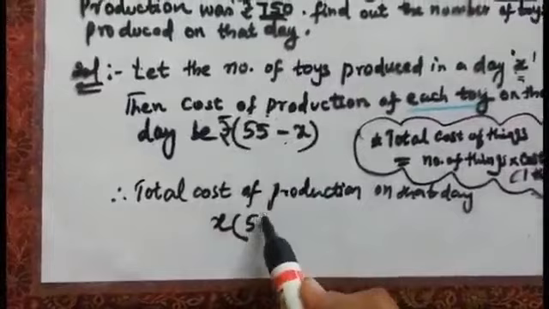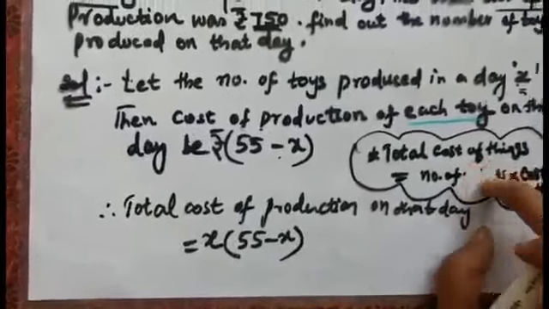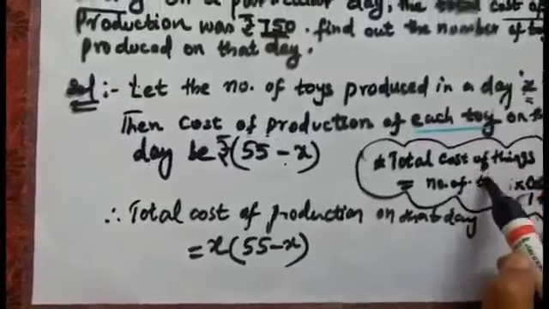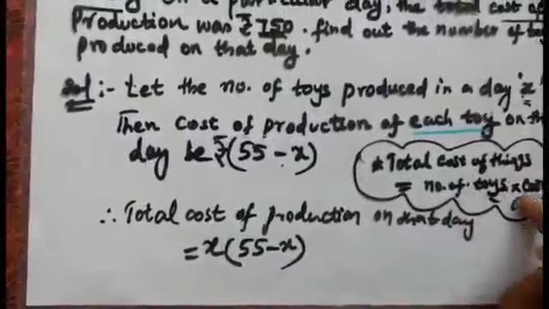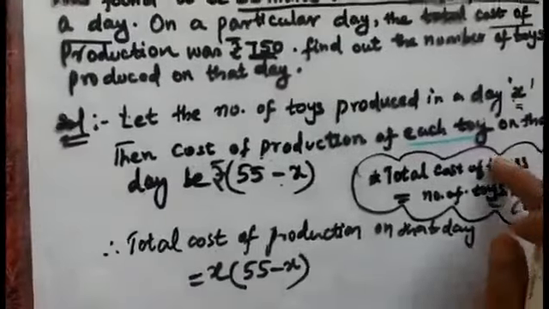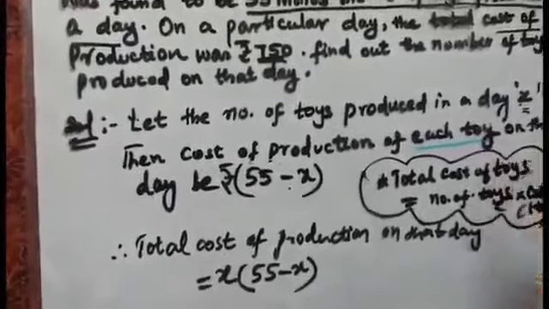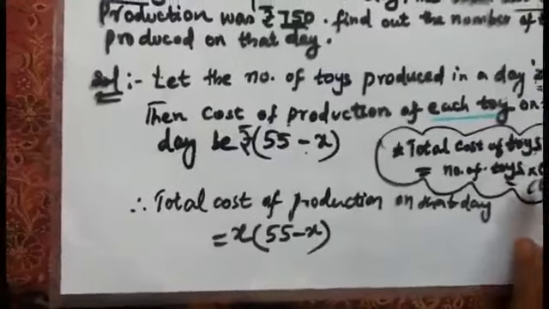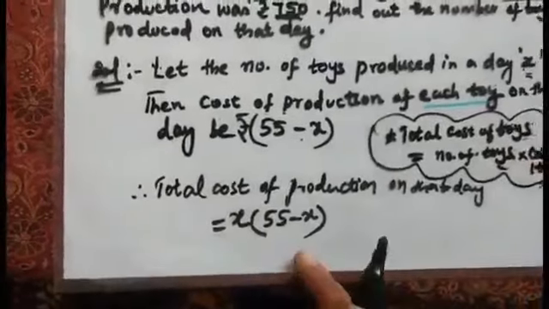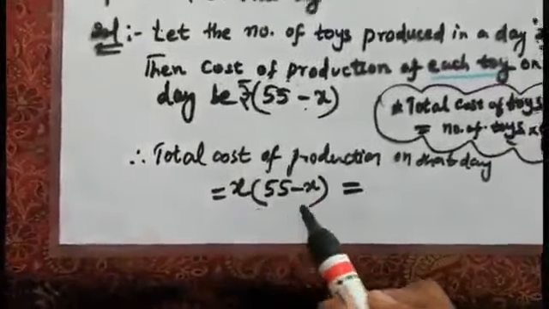So here 55 minus x. Let me replace this word with toy: number of toys into cost of one toy. This will help you understand how we have written the equation. So as per the numericals and variables, I got the total cost.